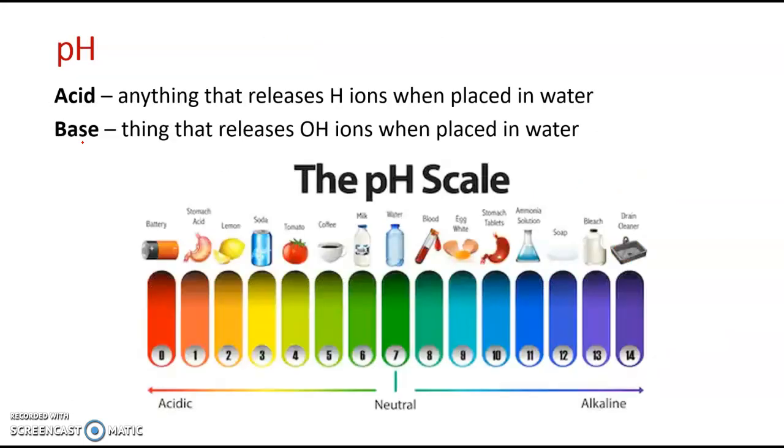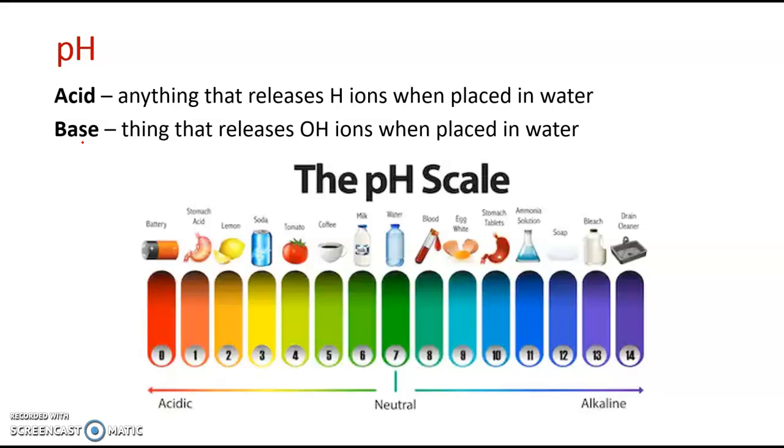Because water is that universal solvent and reacts so readily with other substances, we can classify the properties of other substances based on how they interact with water. And we do that by calling it either an acid or a base. So an acid is anything that when placed in water releases hydrogen ions, increasing its acidity.